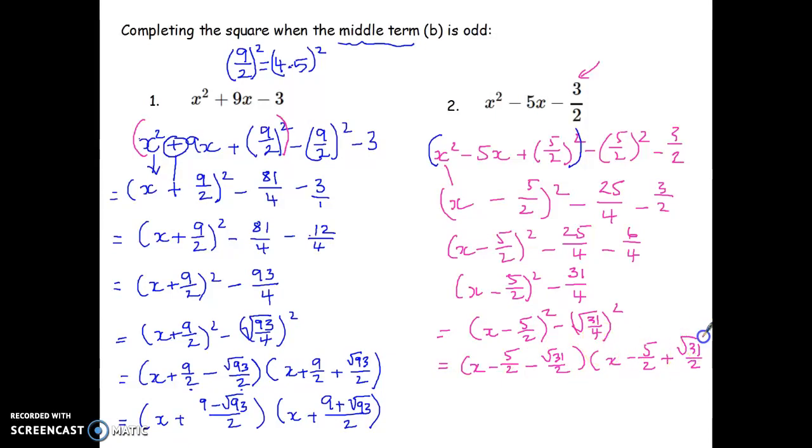The 2 coming from the fact that I've square rooted before. Then it was x minus 5 minus root 31 on 2, x minus 5 plus root 31 on 2. Common denominator, we just add or subtract them to put them onto one fraction. Good luck.